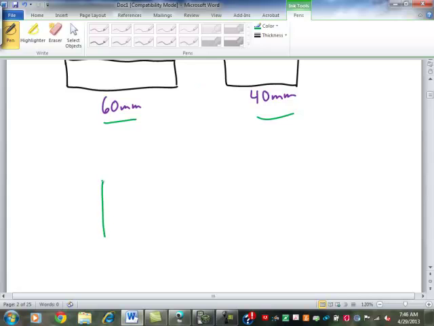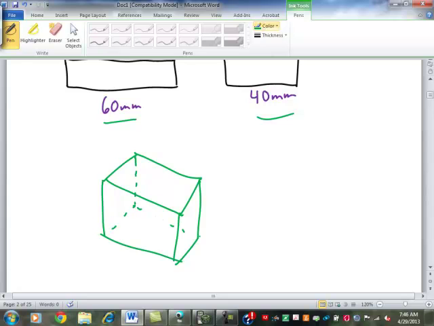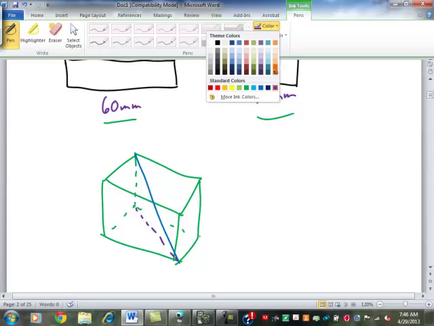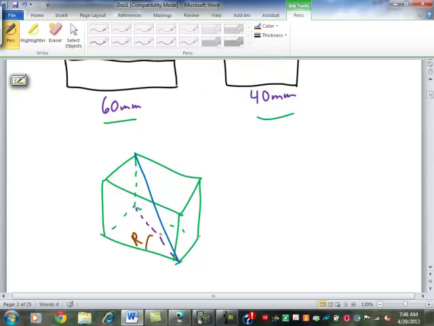So really what we're working with is still just a box that looks like this. And the edge goes corner to corner. And we're looking for this angle of rotation. This here is going to be our angle of tilt.